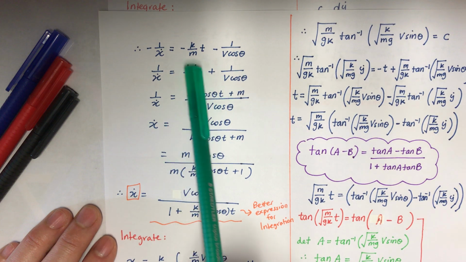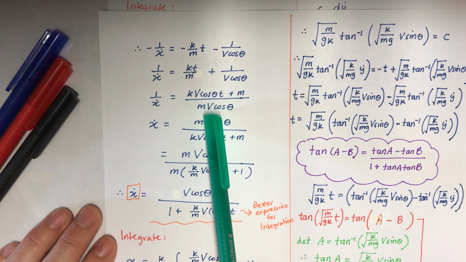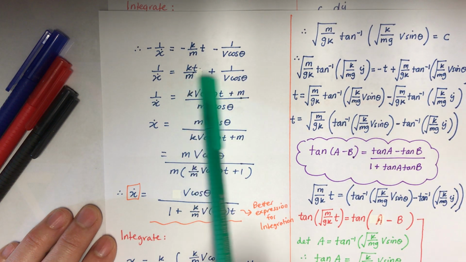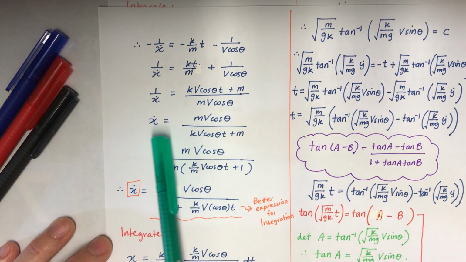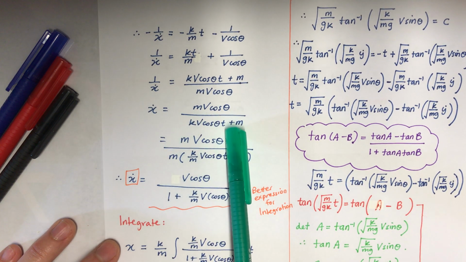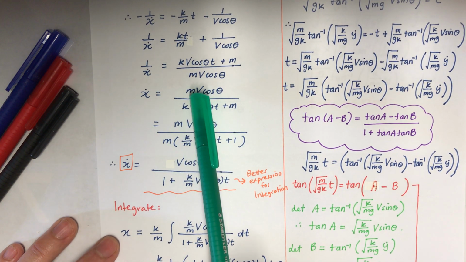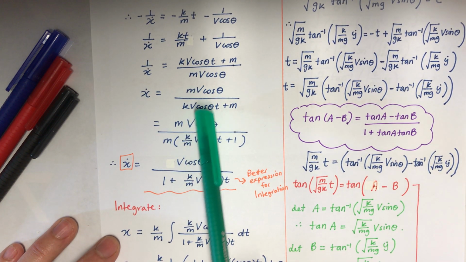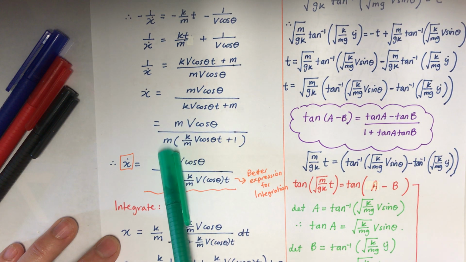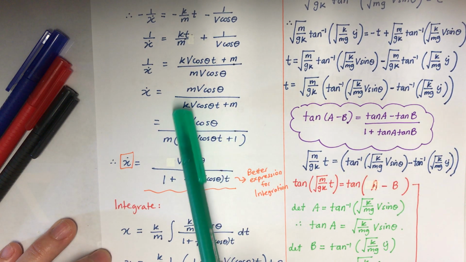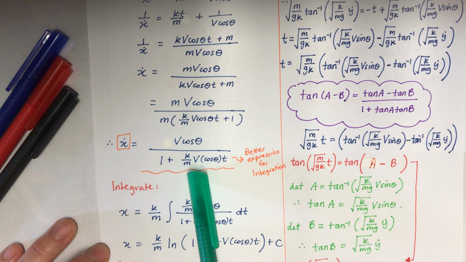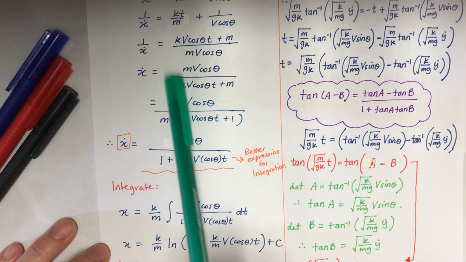My common denominator will be mv cos theta, so I'll sort out the numerator and just flip it. Then I want to get rid of the m, so I'll take the m out and cancel it. Do I really need to do it?